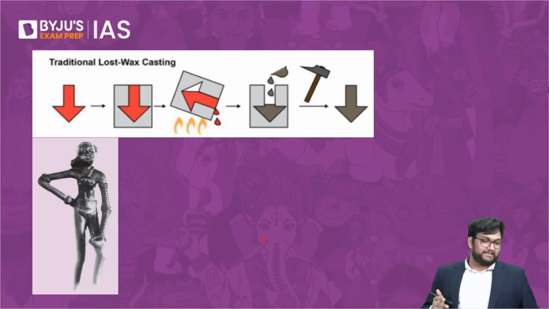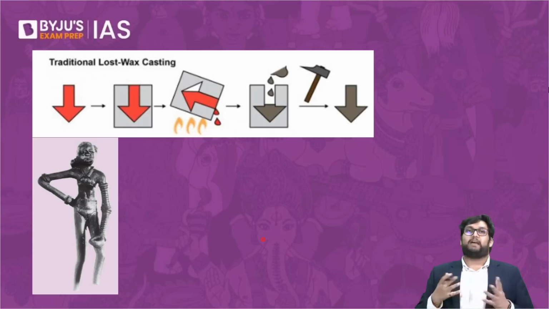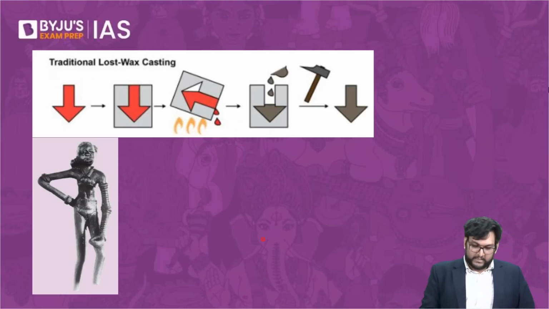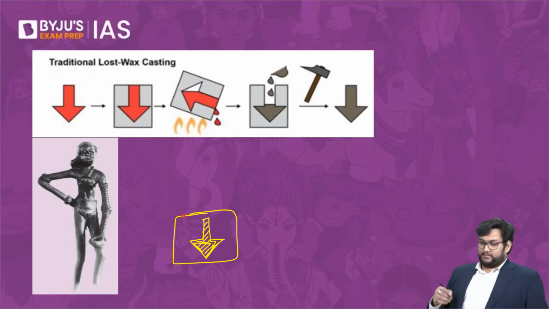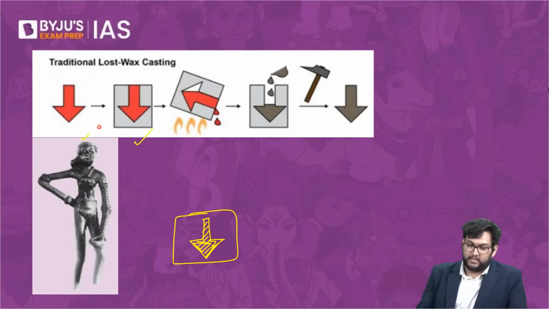Now, the idea is very simple. Why is it called lost wax? Because you make a wax model of something. Thereafter, you mold it into a certain clay. Then you heat it. When you heat wax, what happens?